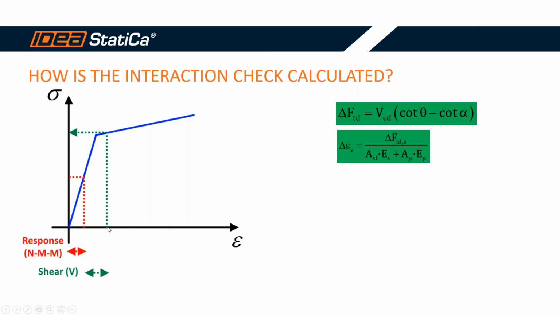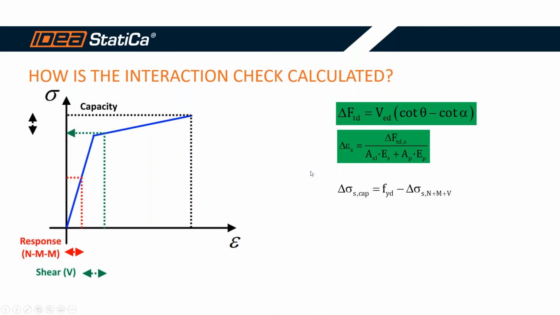So once we have the strain, we can add it to this stress strain diagram and check if we are inside of this diagram. If yes, then we can find the corresponding stress, and once we have this stress, we can calculate the remaining capacity in each reinforcing bar.